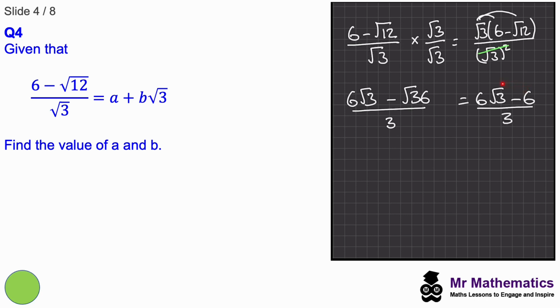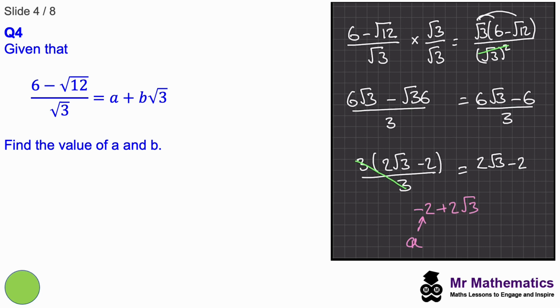Now we can factorize that with 3 in the numerator, so we have 3 lots of 2 root 3 minus 2 all over 3, and these will cancel. So this becomes 2 root 3 minus 2. And in the form a plus b root 3, it's negative 2 plus 2 root 3. So your a is negative 2, and your b is positive 2.